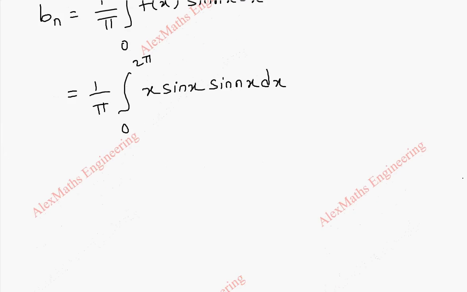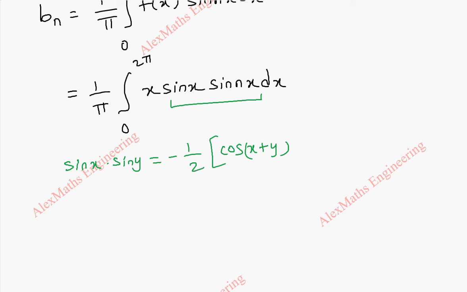Now again we are going to use a trigonometric formula for this. When I have sine x into sine y, both are sine, so minus 1 by 2 cos of, we have to add both, minus we have to subtract both the angles.